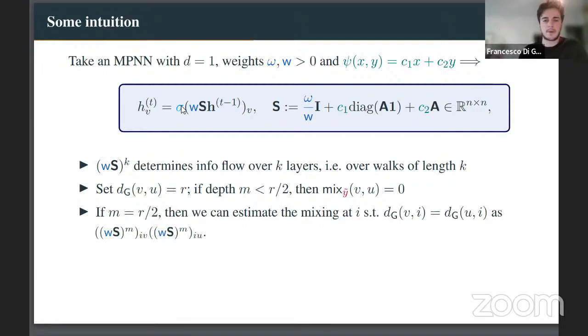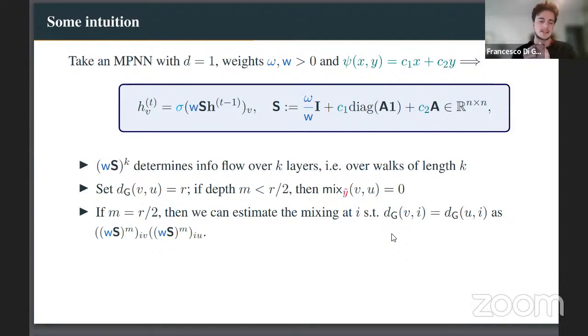So suppose now the number of layers is exactly equal to half the distance. Let's say in this case it is 2, so half the distance, which was 4. Now, what we can do, at least very naively, is trying to estimate the mixing induced between v and u by looking at all the nodes i which are equidistant from v and u, so they can now receive information from both v and u.